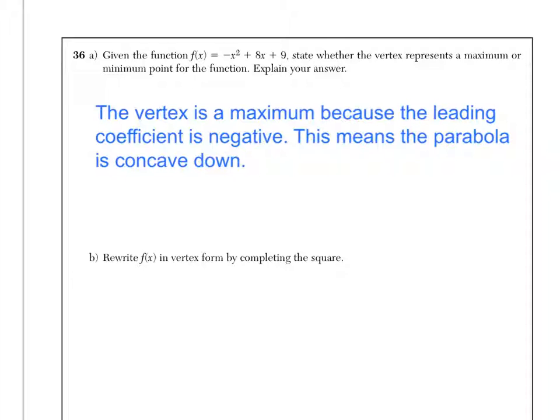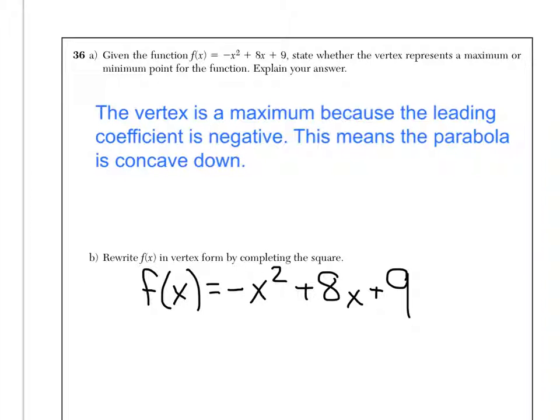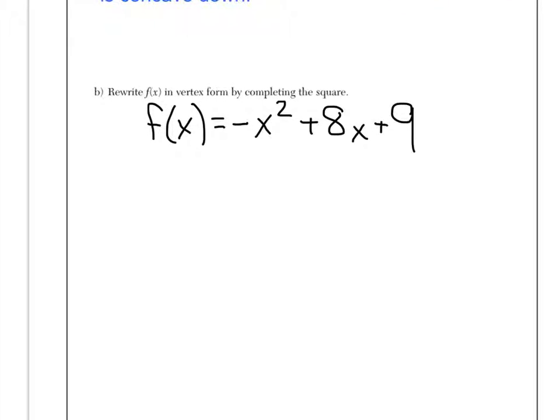So part B now wants us to rewrite in vertex form. Well, let's first copy and paste our original. And already, I'm not totally digging this because of that negative, because it means I have to do a little bit more work, but it's nothing too crazy.